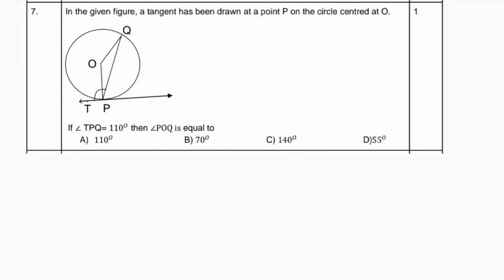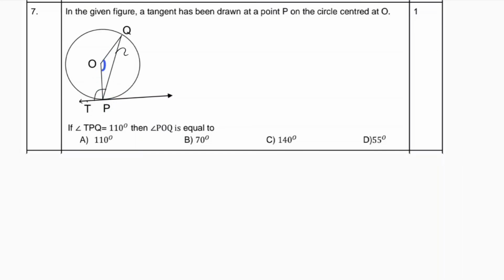In the given figure, a tangent has been drawn at a point P on the circle centered at O. If angle TPQ is 110 degrees, then find angle POQ. So they are asking for this angle.